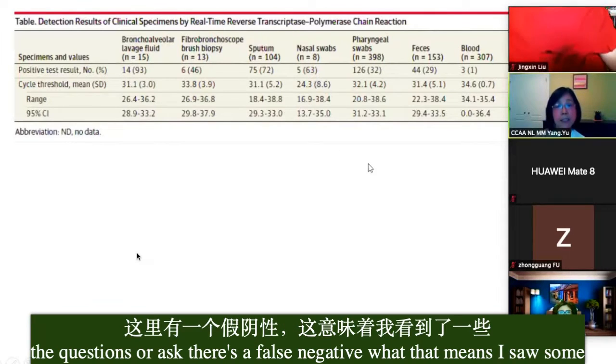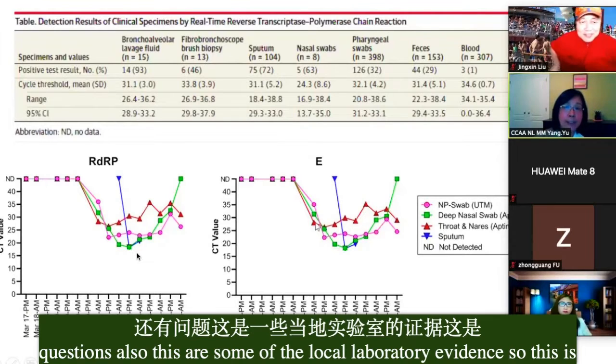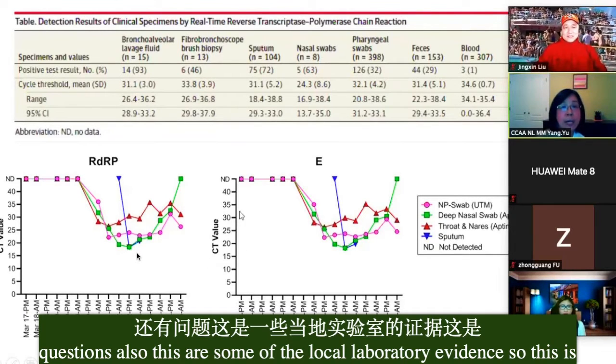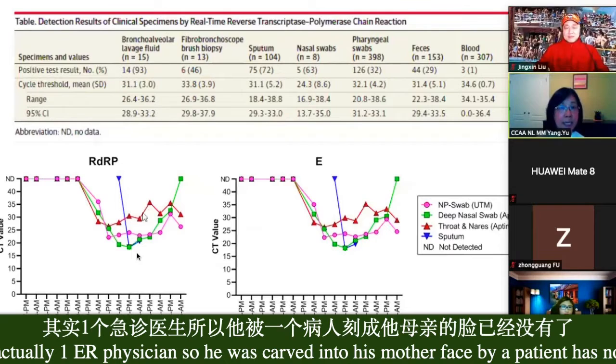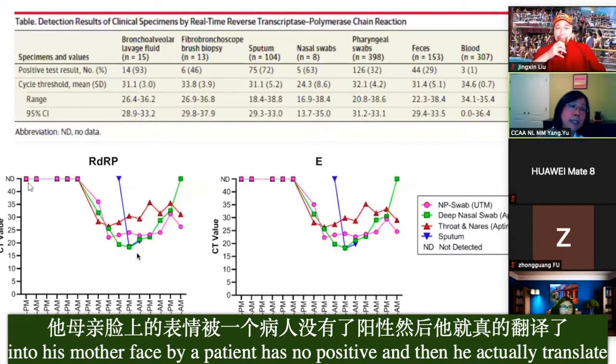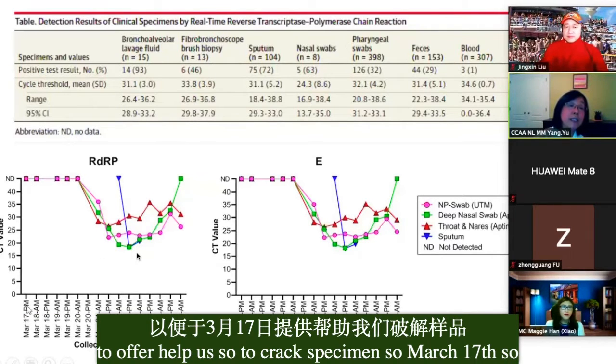There's the false negative. I saw some questions about what that means. These are some of our local laboratory evidence. This is actually one ER physician who was coughed into his face by a patient known to be positive. He kindly offered to help us by collecting specimens.